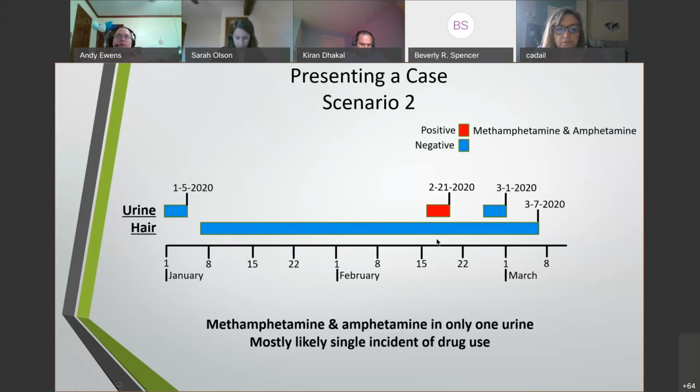So what this means is, yes, probably that person did take methamphetamine on February 21st, but because your hair test, which covers that time, is negative, this was probably a one-time incident. If they had taken methamphetamine several times, if they were an addict, they would have a hard time only taking methamphetamine once over a span of 3 months. So more likely than not that this was just a single-time incident.